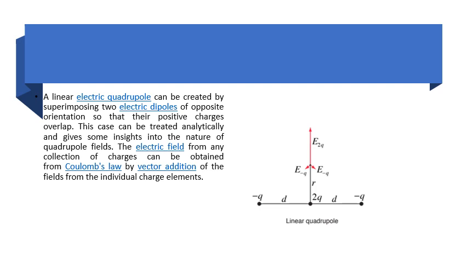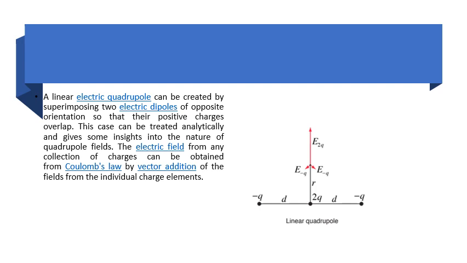A linear electric quadrupole can be created by superimposing two electric dipoles of opposite orientation. If we do this, then their positive charges overlap each other, and this can be treated analytically and gives one insight into the nature of quadrupole fields. The electric field from any collection of charge can be obtained from Coulomb's law by vector addition of the fields.